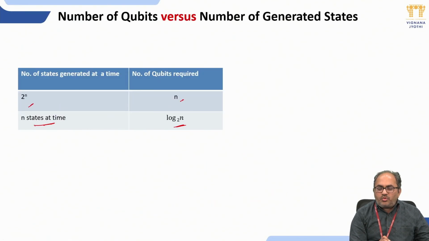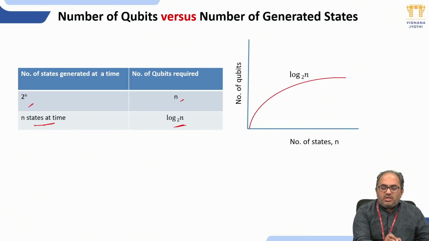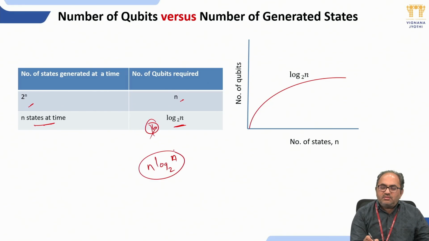But in quantum computing, n number of states you can generate using only log n base 2 number of qubits. So you don't have this n term here. In classical computing, you have this term, whereas in quantum computing, you have only a logarithmic function.